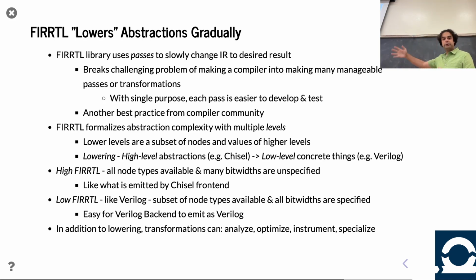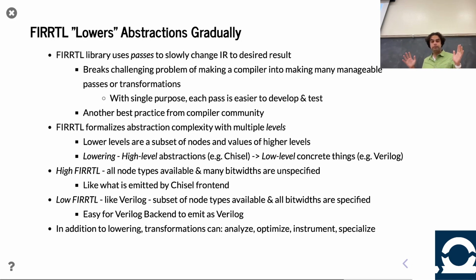In other words, you take these high-level abstractions and you simplify them. For example, high Fertile has something like a when statement, which doesn't really exist in Verilog. At some point, that when statement needs to get turned into a mux. Additionally, in high Fertile, as you've seen in Chisel all quarter, you can sometimes not specify things like bit widths, and the bit widths can be inferred. Bit width inference is one of these passes, and that's one of the steps that goes from there.